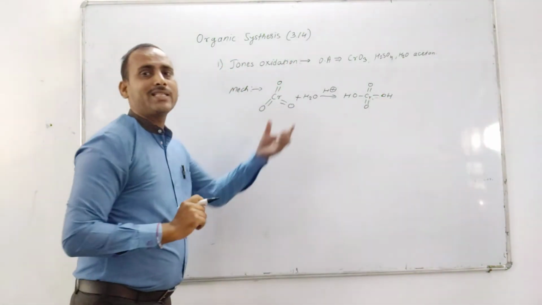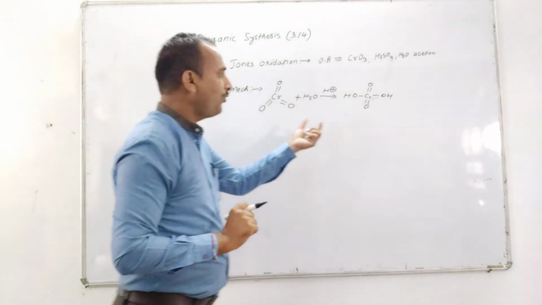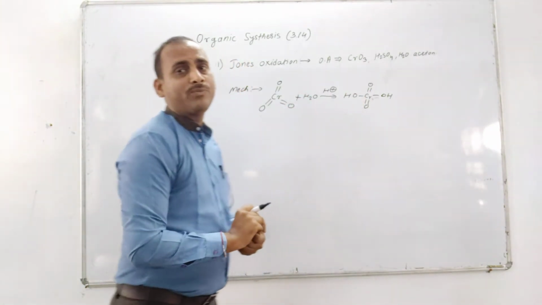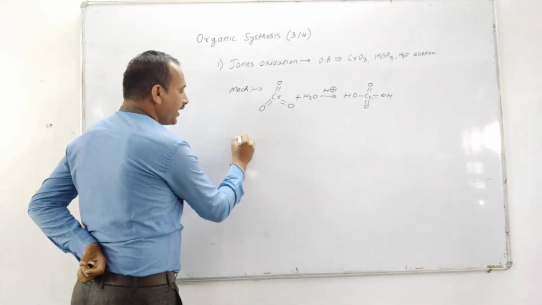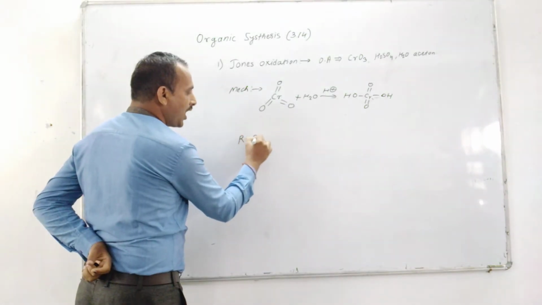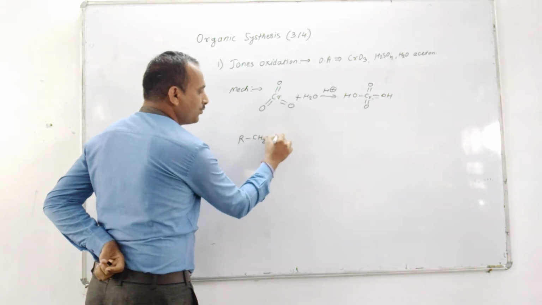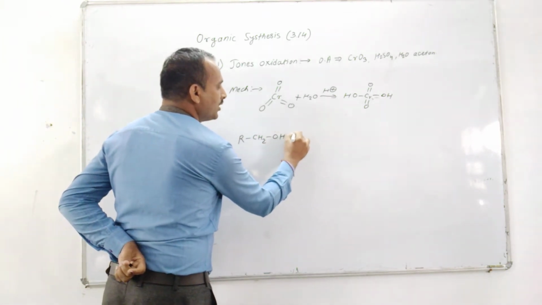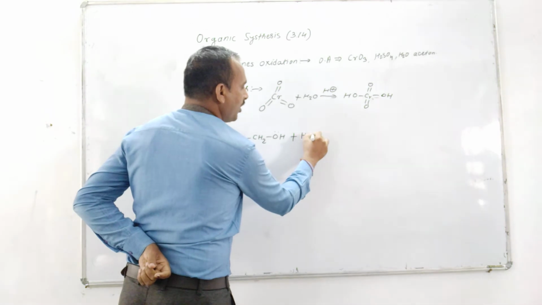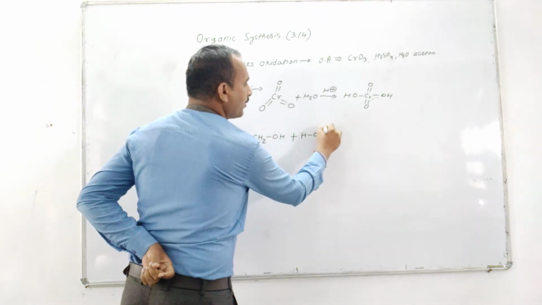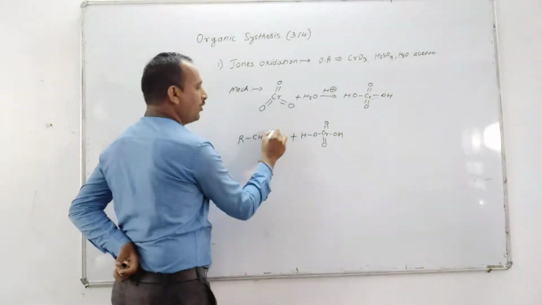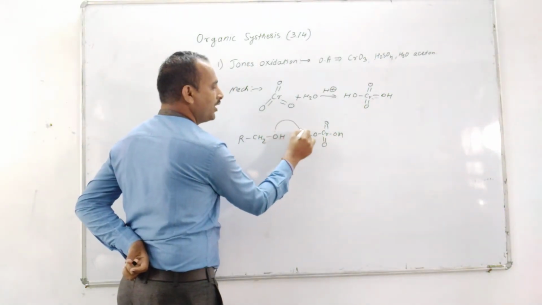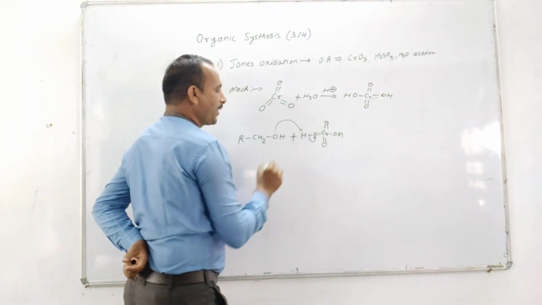Now this chromic acid, H2CrO4, is formed, and when this chromic acid reacts with alcohol RCH2OH, the alcohol takes the proton from chromic acid. So the lone pair of oxygen takes the proton.